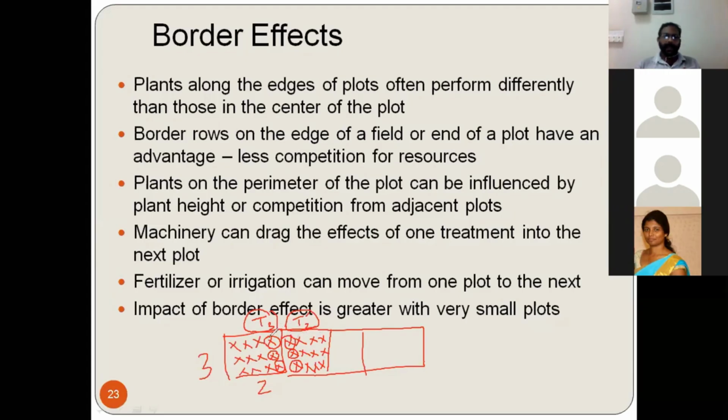This is actually because this is fertilizer. Once the fertilizer is dissolved, can you stop its movement? There may be movement of fertilizer from this area to here, or from here to here. There are possibilities. When there is water, there is movement of water. How do you call this water movement? Scientifically, there is an agriculture term.